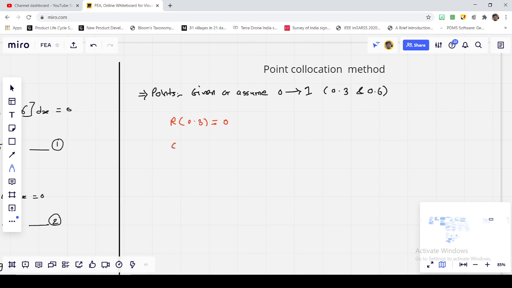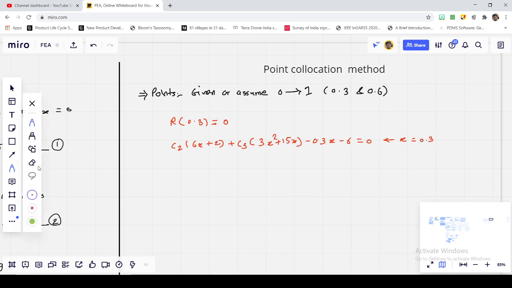So you have c2 into 6x plus 2 plus c3 into 3x square plus 15x minus 0.3x minus 6 is equal to 0. And now we will be substituting x is equal to 0.3 here.